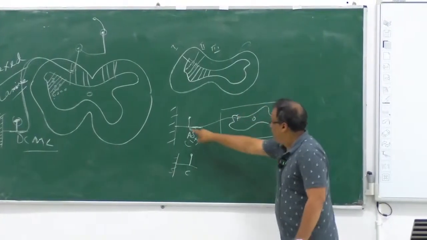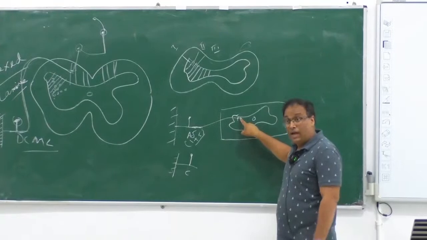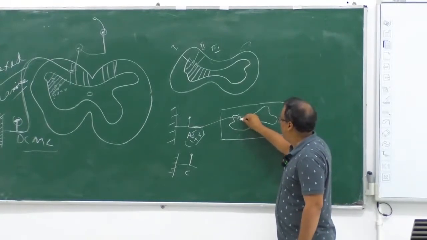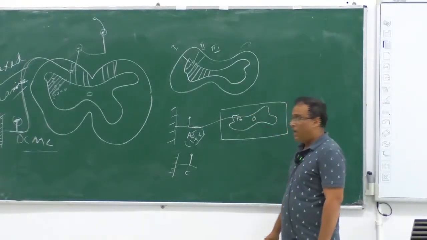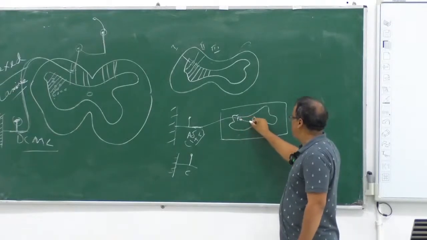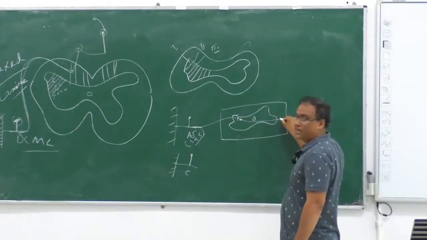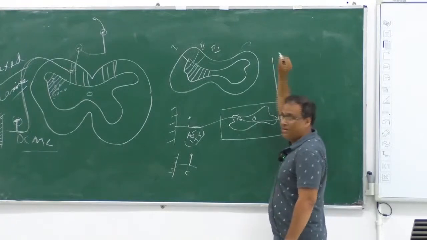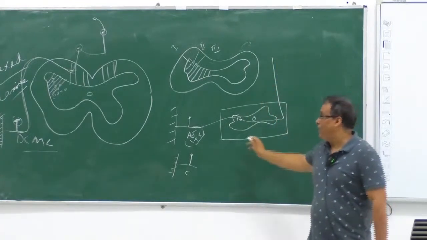After this first order, it directly connects to the cell body of the secondary neurons and then crosses to the lateral side. So where is the difference here?